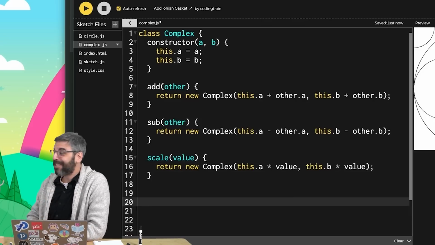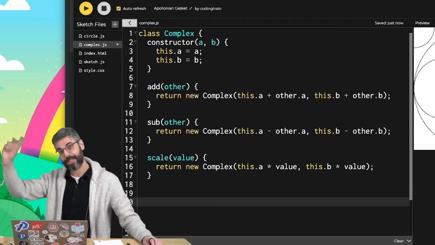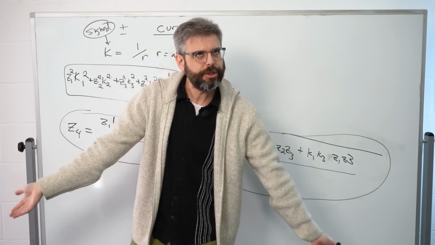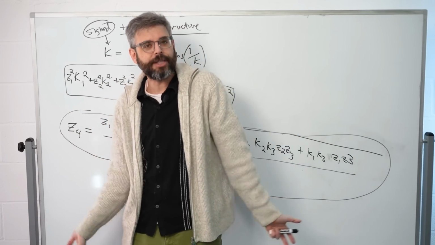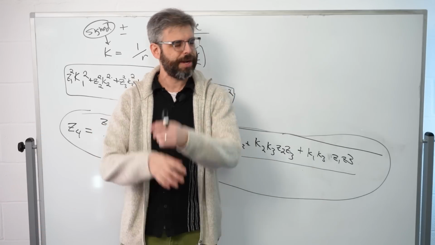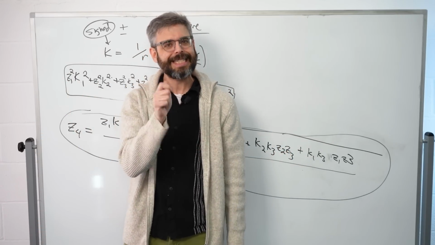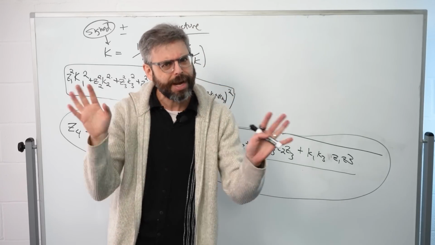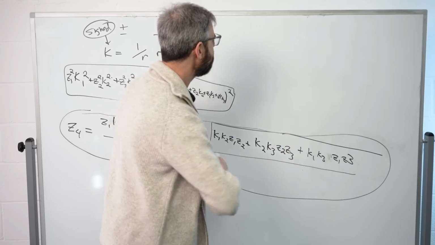Okay, let's do multiply. This is where things get a little bit tricky and we need to return back to the whiteboard. Now, you might be wondering, why can't you just use P5 vector? After all, you're storing a complex number like you're storing a vector, and P5 vector already has functions like multiply and add, and this is why. It's this pesky little square root of -1 thing. So let's work out the math, and I've done this before, I think in the Mandelbrot video, but let's do it again.